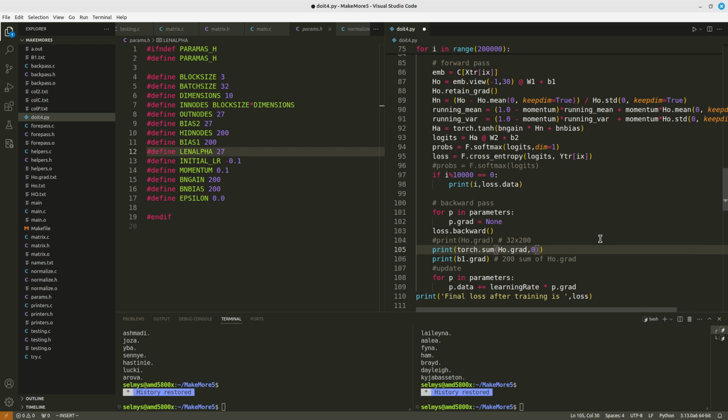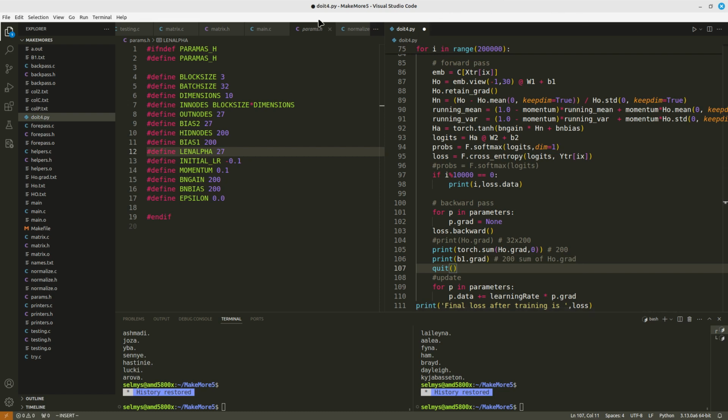I'll sum each column, so I'll have 200 summations, and this summation here should end up being the same as B1 dot grad, or the B1 gradients, even though it's only one pass. And actually what I should do is stop it after that. So I'll just put quit here.